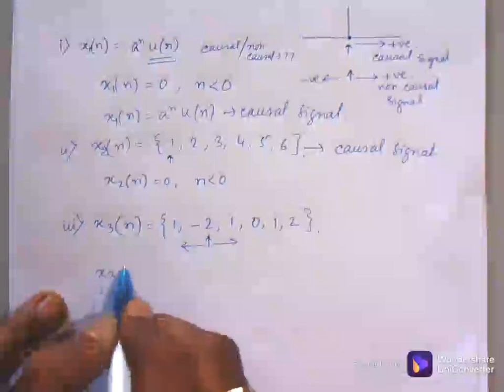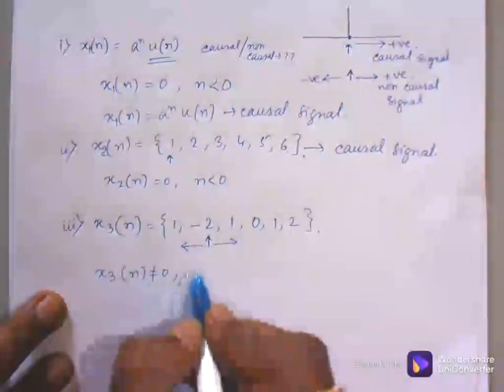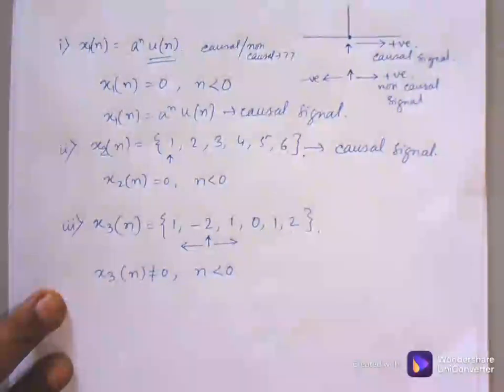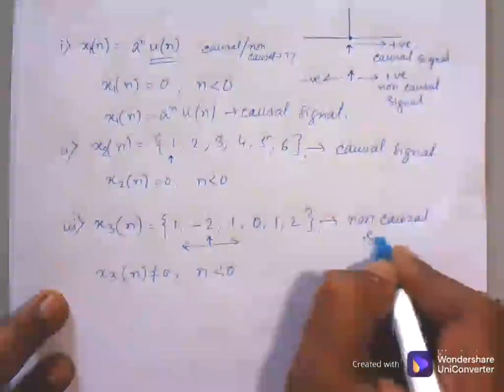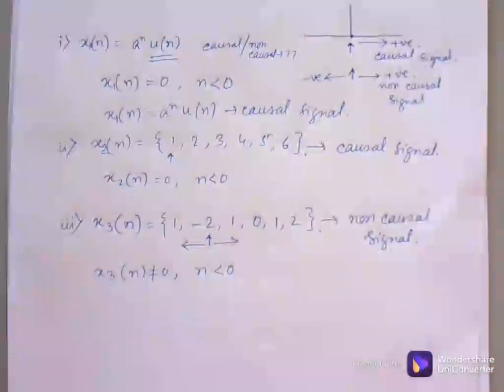So x3[n] is not equal to 0 at n less than 0, so this signal is a non-causal signal. If a signal is given, you just have to see whether it has the value 0 at n less than 0. If yes, it is a causal signal. If not, it is a non-causal signal. Okay.